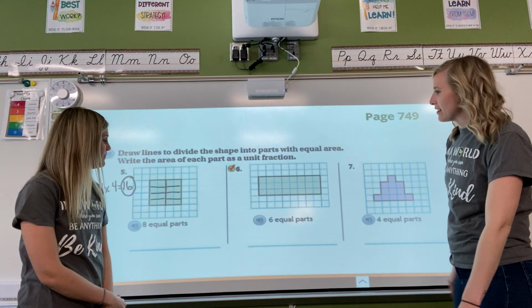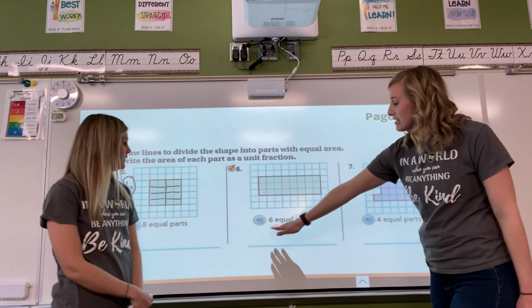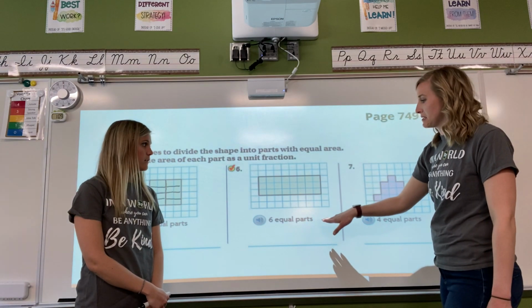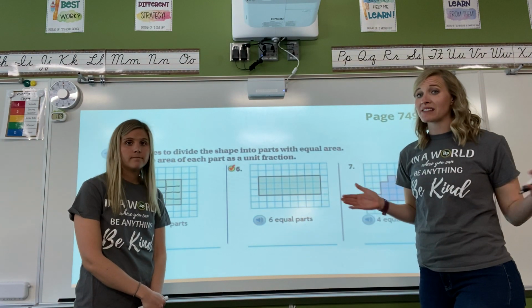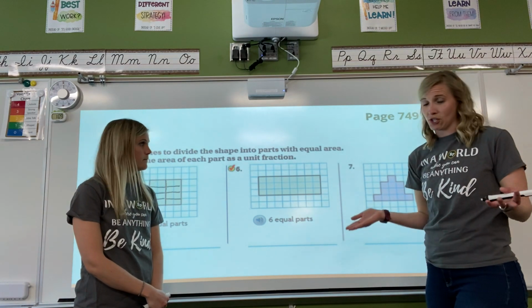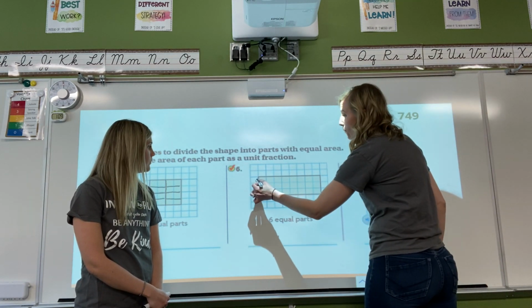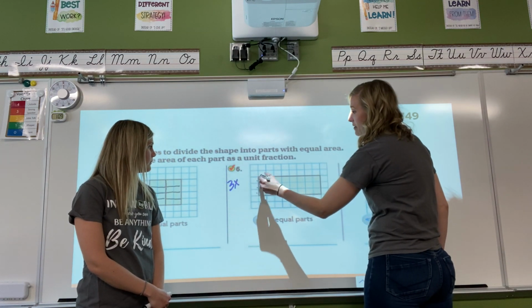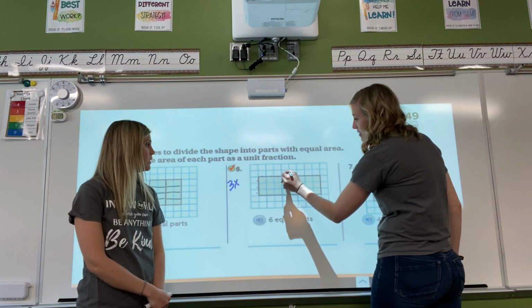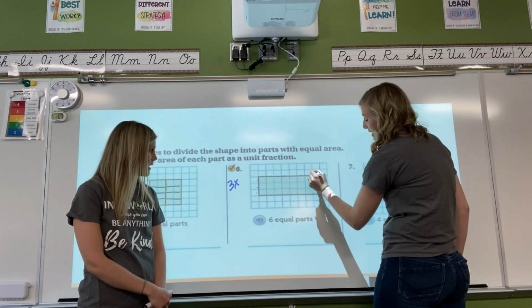It is. Okay, let's do the same thing. I need to get this into 6 equal parts. I have a perfect shape right here, so I know that I can do my length times my width equation. So 3 times 8.